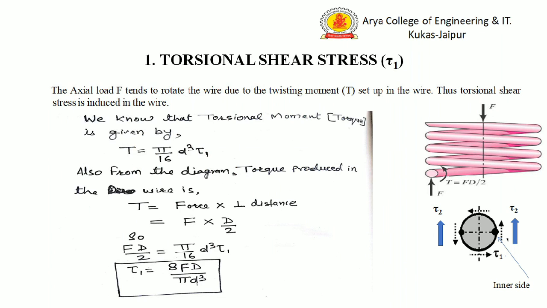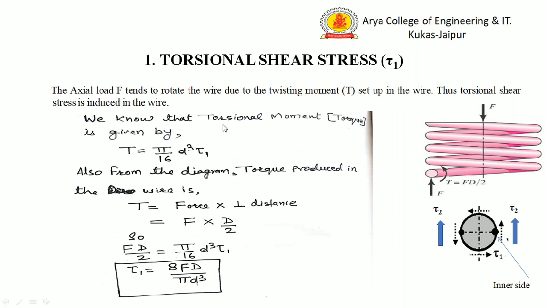Now we will derive the load stress equation for the helical spring. So the first major stress in the spring is the torsional shear stress, that is equal to tau 1.